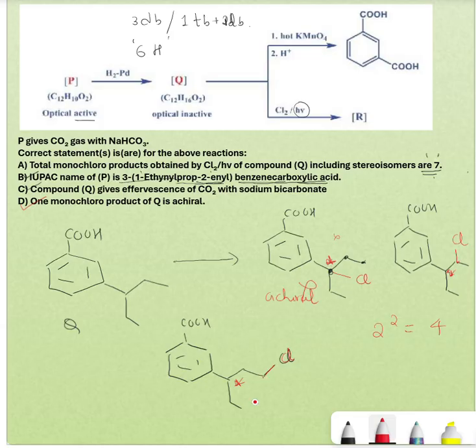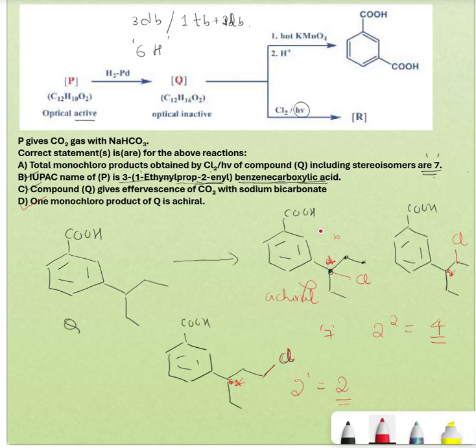And what about this molecule? Here we have a chiral carbon, so 2 to the power 1, that is nothing but 2, right? So this will be 4 plus 2, and this one, 7, all put together, all including stereoisomers. How many monochloro products? 7.